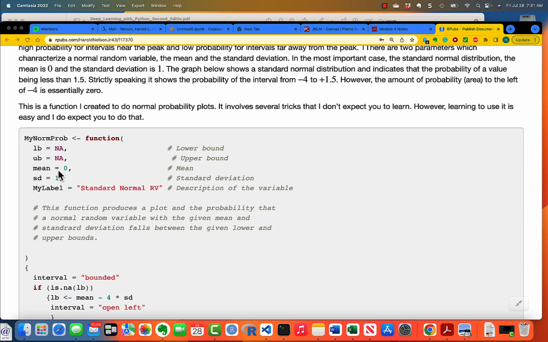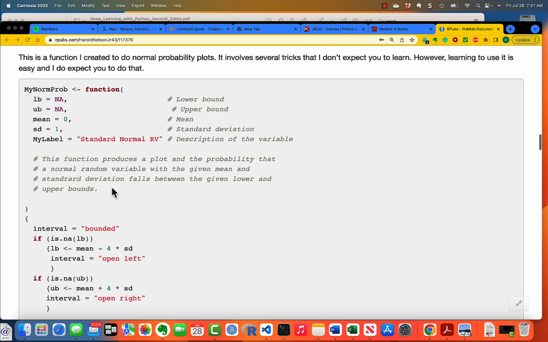You can specify the mean of the normal probability distribution, and by default we accept 0, but you can override the 0. And by default the standard deviation is 1, although you certainly would in almost every circumstance change the standard deviation to whatever you've got. And then there's a label. You can describe that.